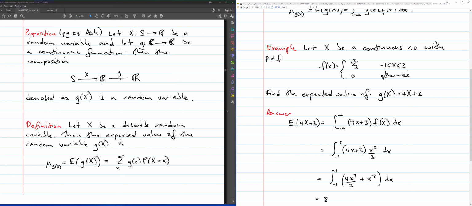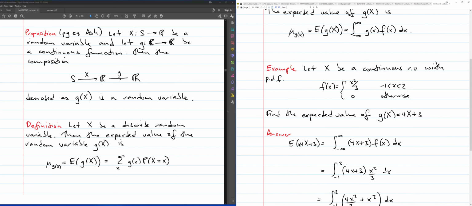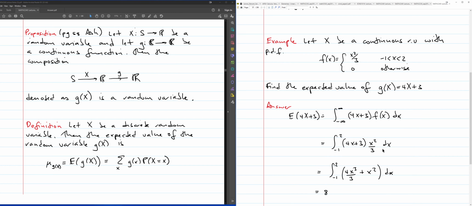Notice the PDF is only non-zero between -1 and 2, and I want the expected value of 4x plus 3. To get that, you take 4x plus 3, replacing the big X with the small x, and then multiply by your PDF, which is x squared on 3. Since it's only non-zero between -1 and 2, everything outside of -1 and 2 drops off when you integrate, so you get this.